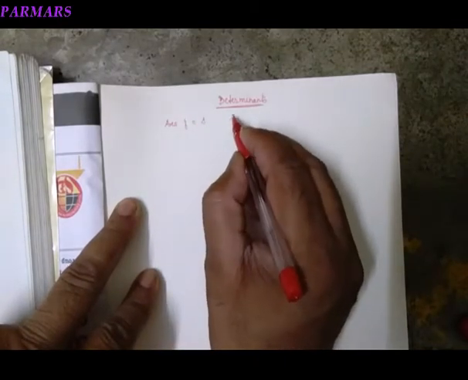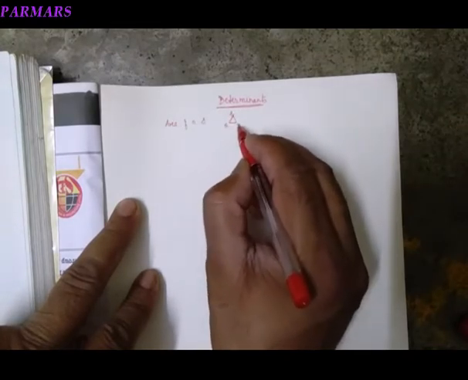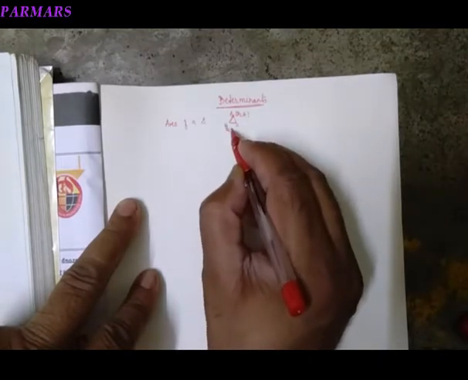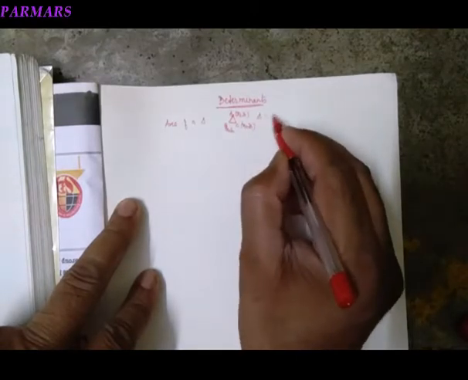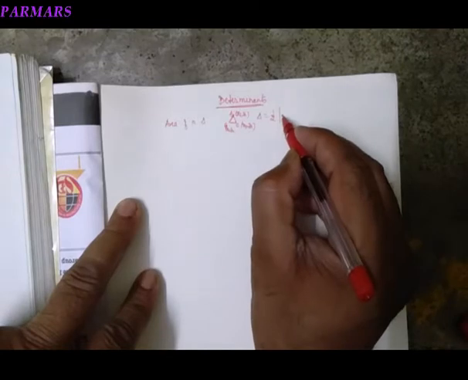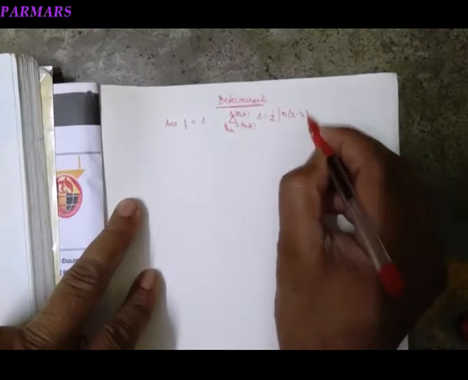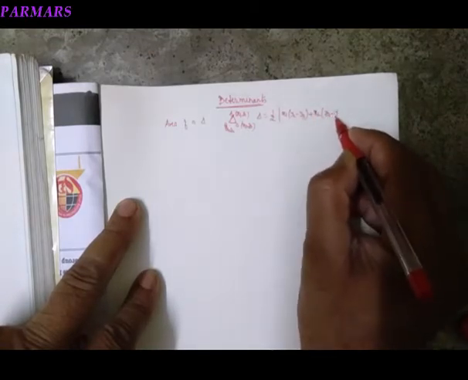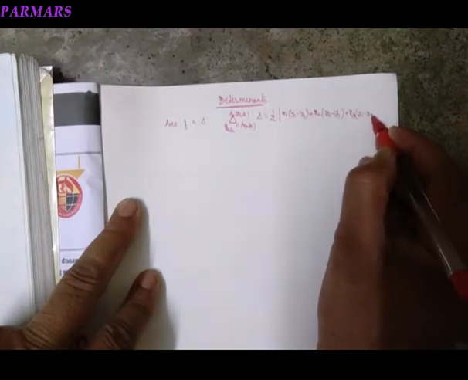You know, if a triangle ABC has vertices with coordinates x1 y1, x2 y2 and x3 y3, in class 10 you have learned that the area is half of x1 into (y2 minus y3), plus x2 into (y3 minus y1), and then plus x3 into (y1 minus y2).